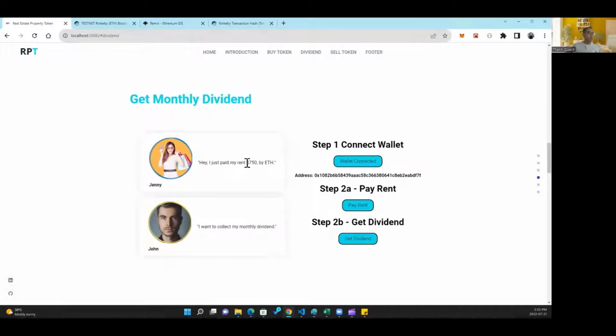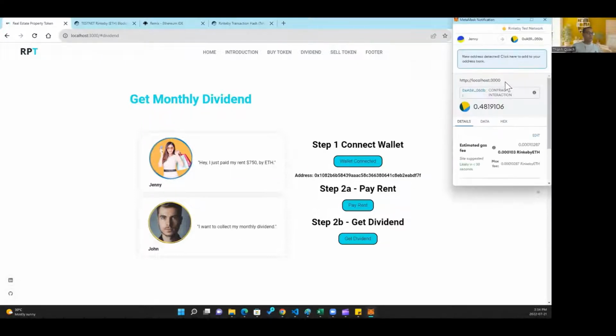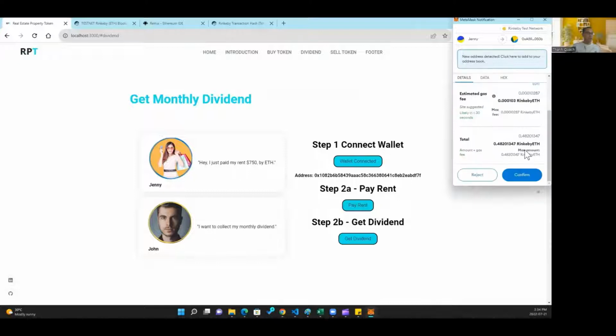This amount has already been input into the contract, so just pay rent. MetaMask pops up. So Jenny pays the smart contract $750 based on the current live exchange rate provided by Chainlink oracles, which is supposed to be 0.48 Ether. And of course, we have to pay some gas.